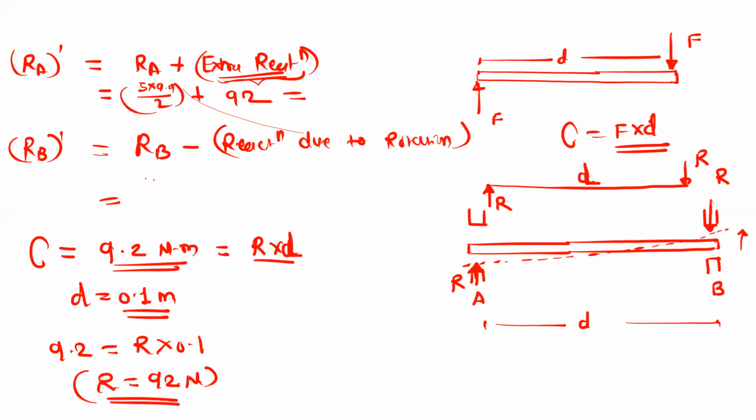And RB will be W by 2 minus the reaction, which is 92. Okay. So this answer is 116.5 and this is equal to 67.5. Okay, so this is how you can find out the net reaction at bearing A and bearing B.